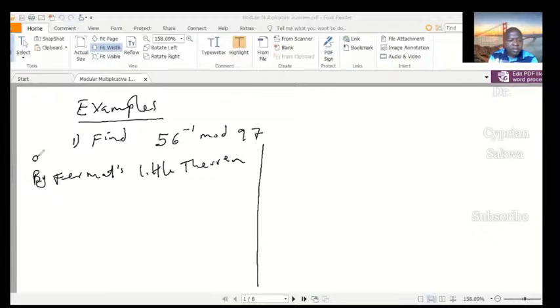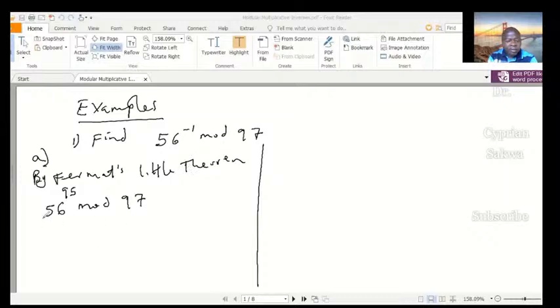So I'm doing it first by Fermat's little theorem, and then I'll do it by the Euler theorem, then by the extended Euclid's algorithm, so that you can know how to use each of those methods. By Fermat's little theorem, the inverse of 56 will be given by 56 raised to P minus 2. Our P is 97, minus 2 will be 95, mod 97.